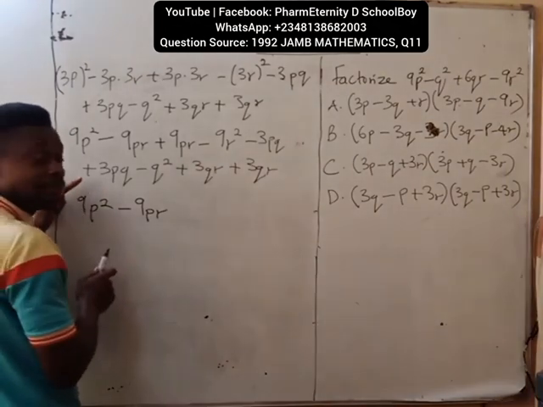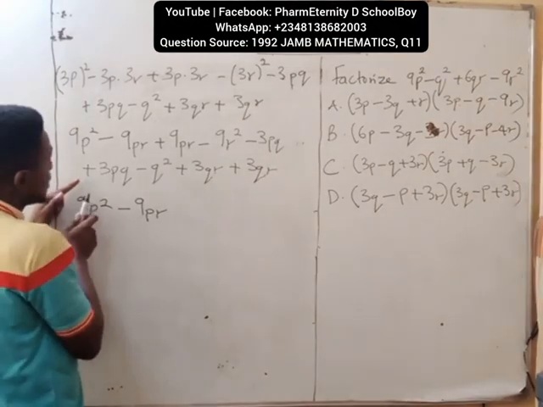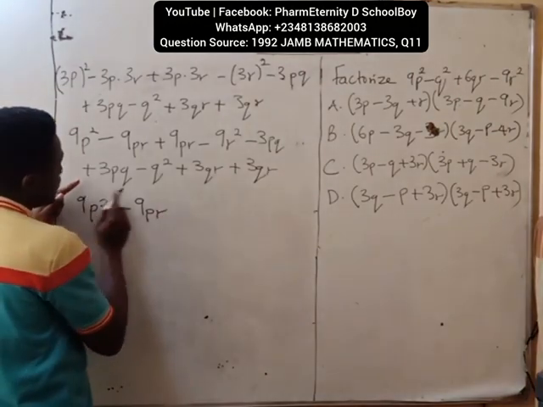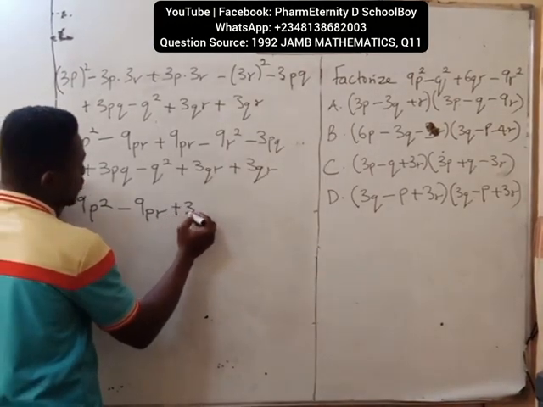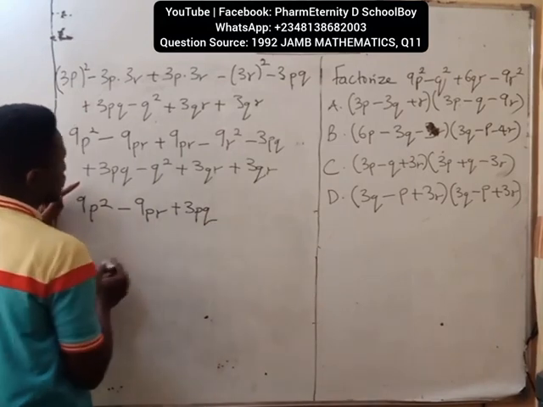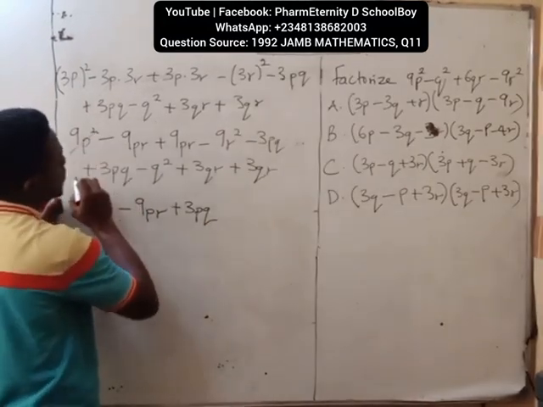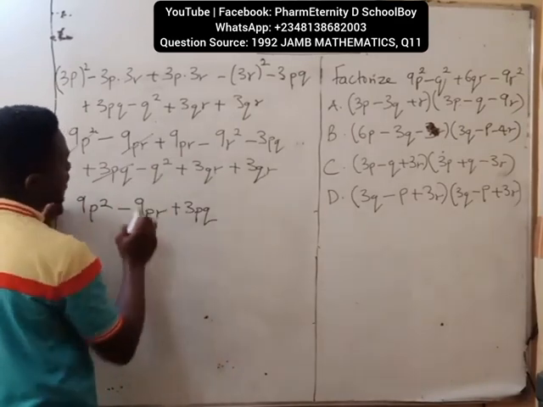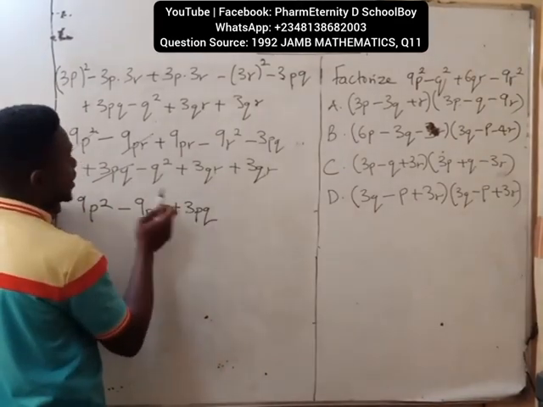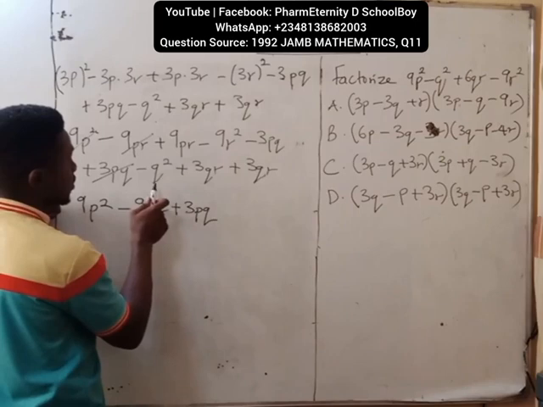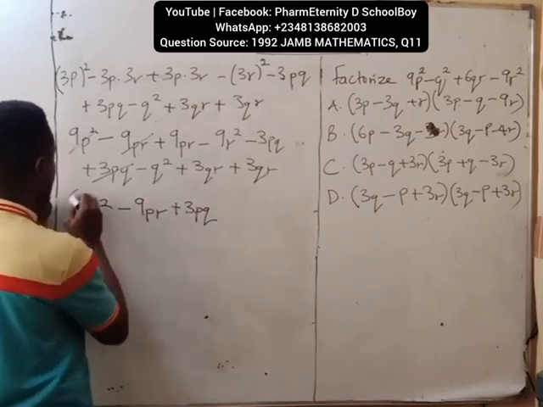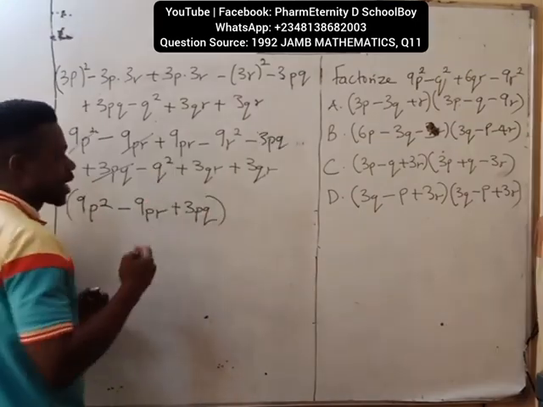We can comfortably use this plus now. So we now say plus 3PQ. Is there another term here? So let me cancel the one I've used. Is there another term here that contains P? No other term. So we close this.